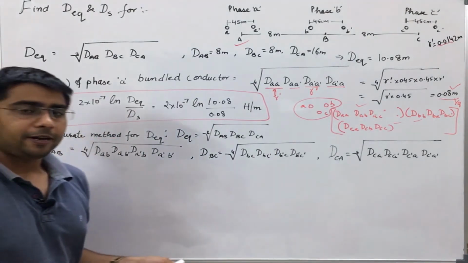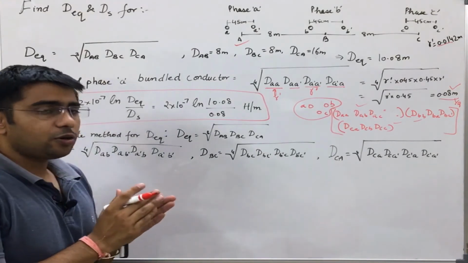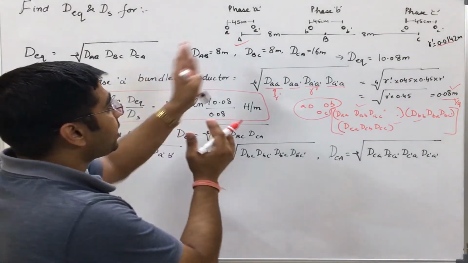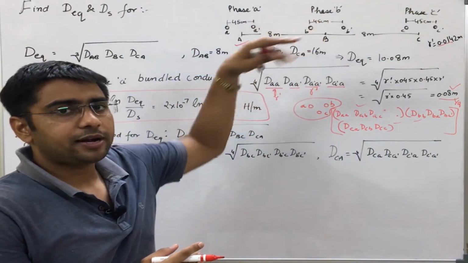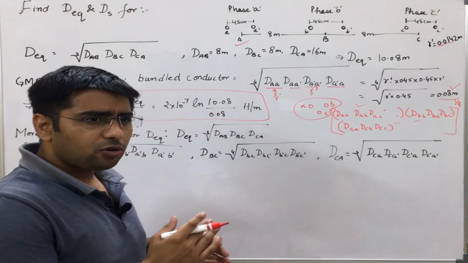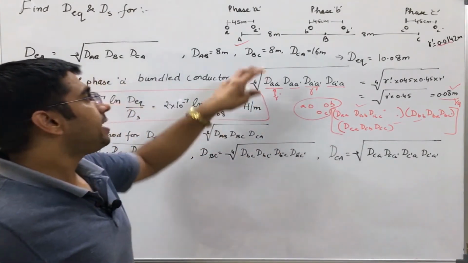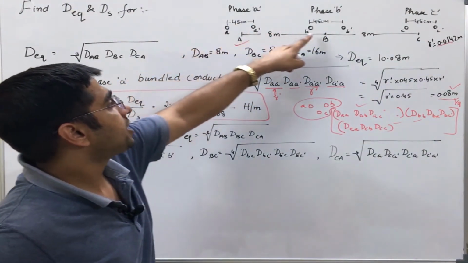Now in the previous slide, as I was telling, there is only a little error if I use the center to center distance for the bundles for calculating GMD. Now if I want to be more accurate, how to calculate the GMD? Instead of taking the center to center distance, I will take the distance between each conductor.